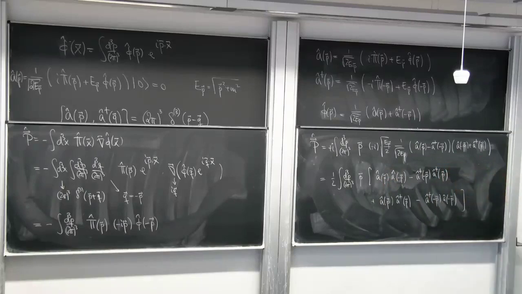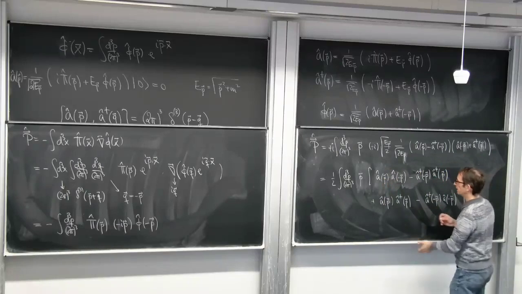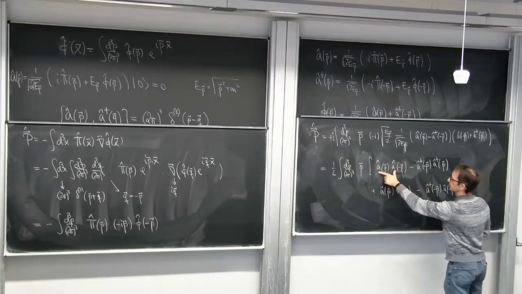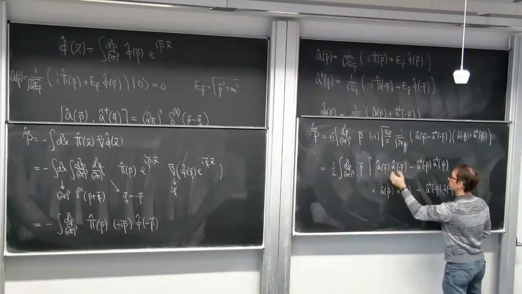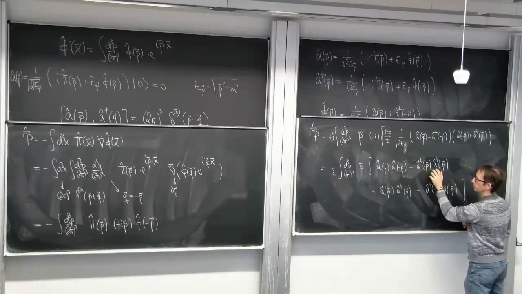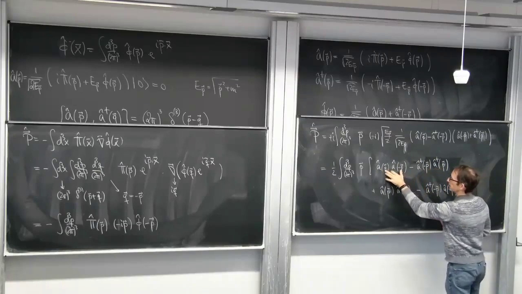There. And now we use symmetry. I can commute the operators in the first line. So the A A commutes into A dagger, they commute.